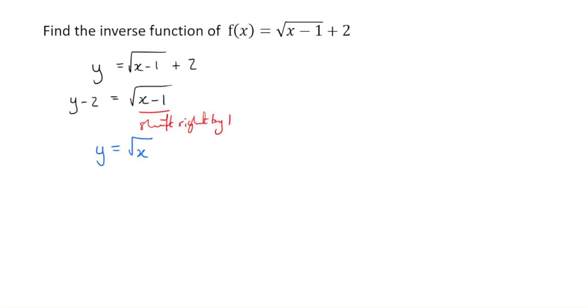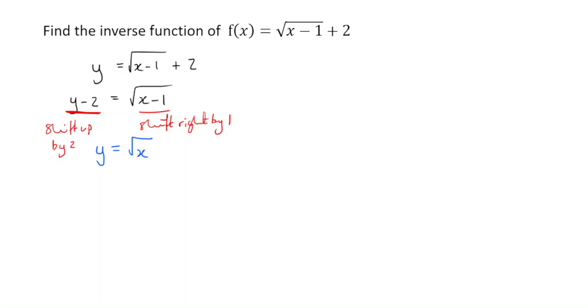Why? Because you've replaced x with x minus 1. What's this? This is a shift up by 2, because you've replaced y with y minus 2. Okay? So we're going to extend the idea of shifting and scaling that we learned earlier to this particular graph.